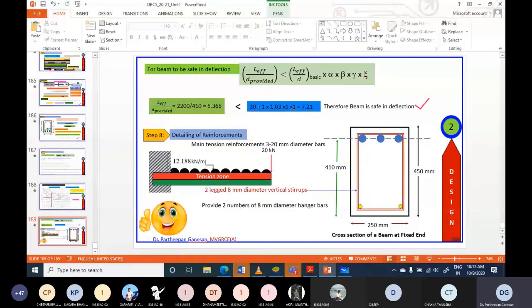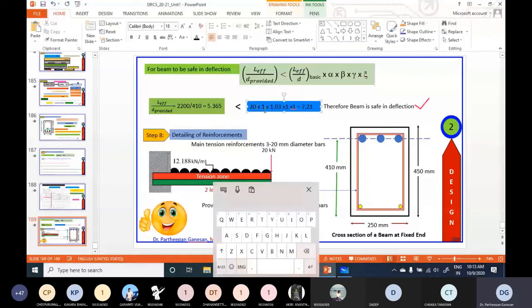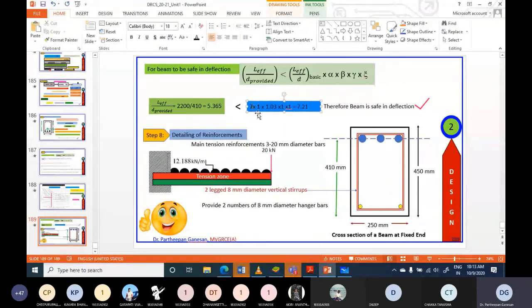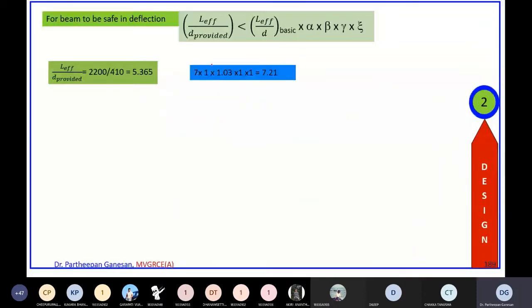Here it is not 20, for a cantilever it is 7. Although the answer I wrote correctly, inside I wrote wrongly. Okay, L effective by D for cantilever is 7. Alpha 1, beta 1.03, all other things you already know, right?